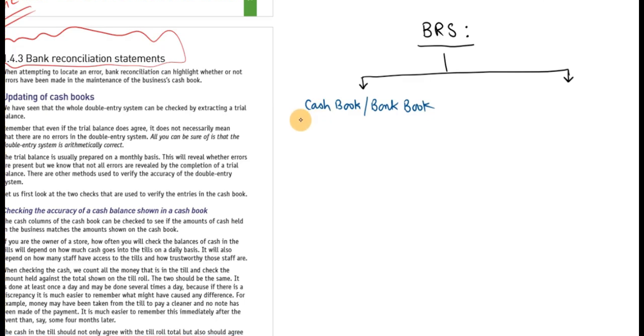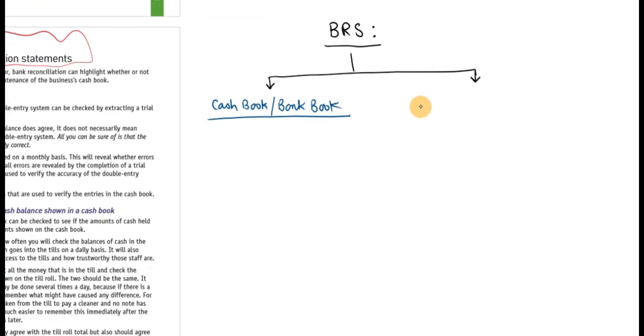The second one is the bank statement, or passbook. The other name of the bank statement is passbook. The entire story of BRS will circulate around these two accounts.